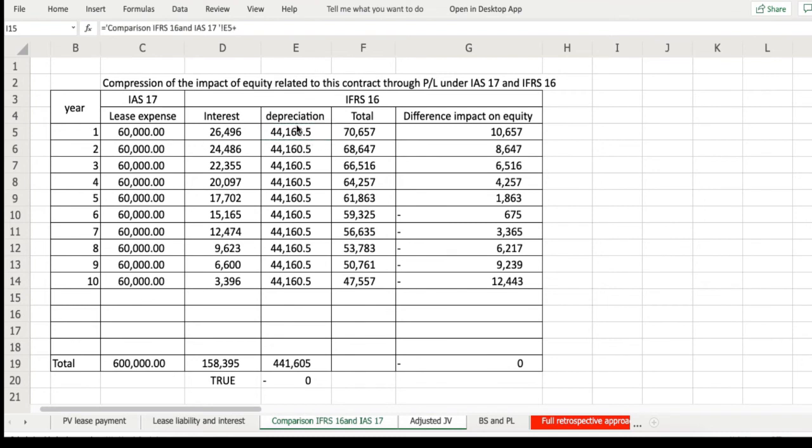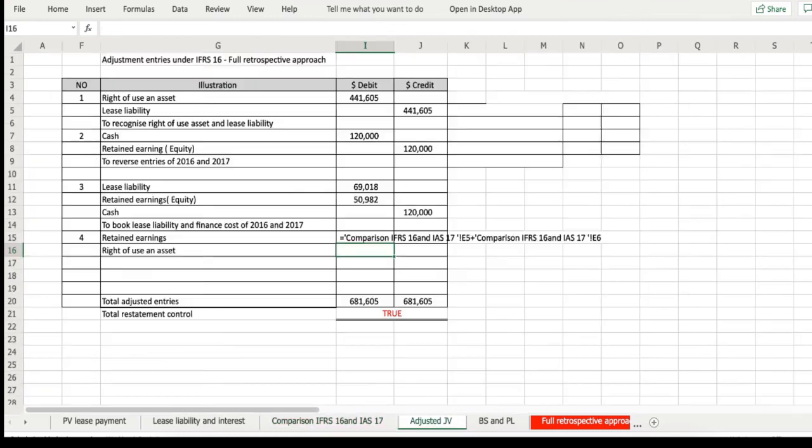How much is the depreciation for the 2 years? The depreciation here, 2016 plus 2017, would give us 321, the right of use asset equal on the credit side.